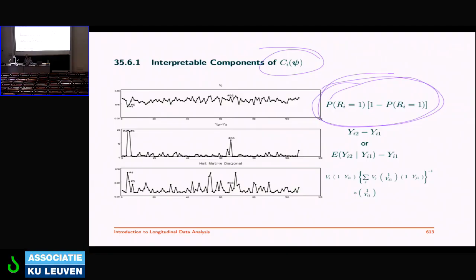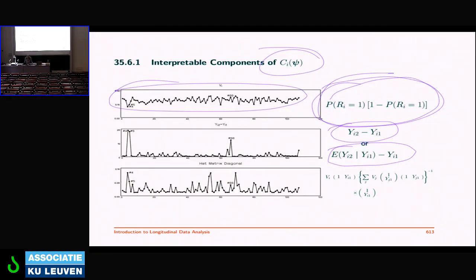Now, of course, it's very hard to see something standing out there, because P is a probability. A probability times 1 minus a probability lies between 0 and 0.25. You're not going to see very spectacular things there. The increment, or the predicted increment. Why predicted increment? Well, for a missing cow, you don't have the second measurement, so you need to look at the prediction of the second given the first.